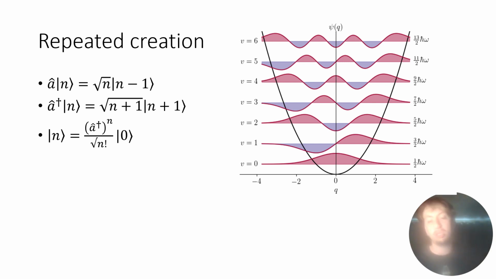We can get any energy state we like by acting on the ground state many times with our creation operator, and then due to normalization we have to then divide by the square root of n factorial, where n is the number of times we've acted on our ground state to get to the nth excited energy level.